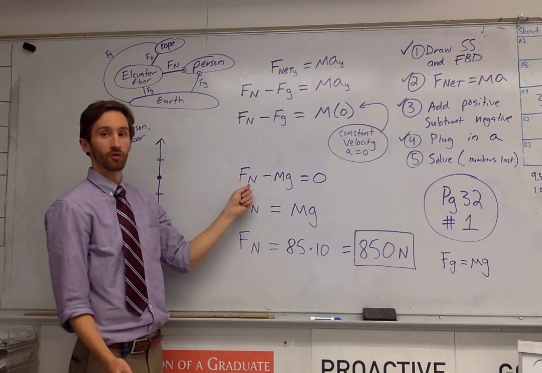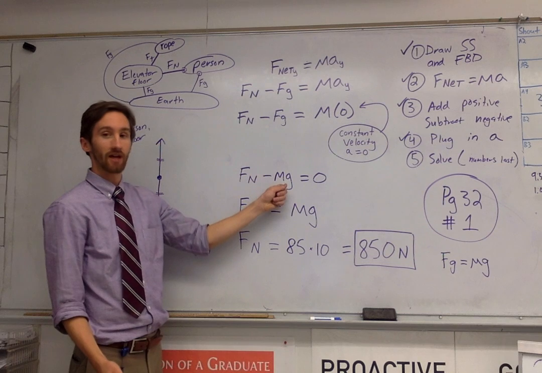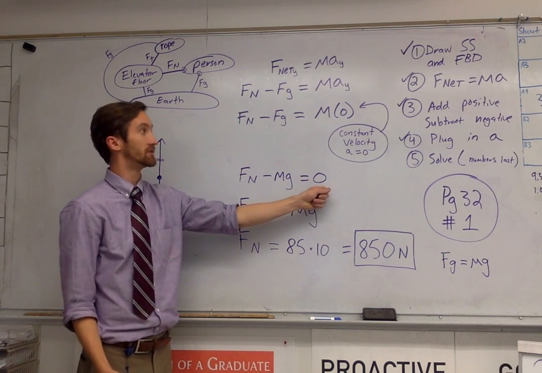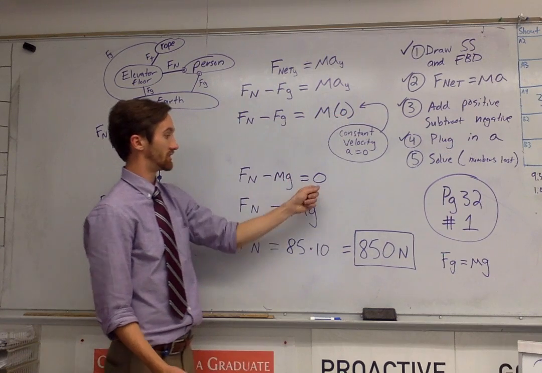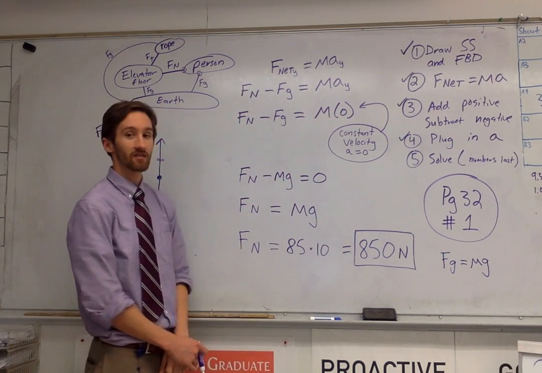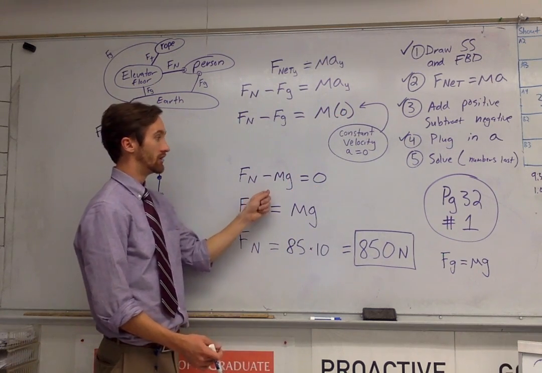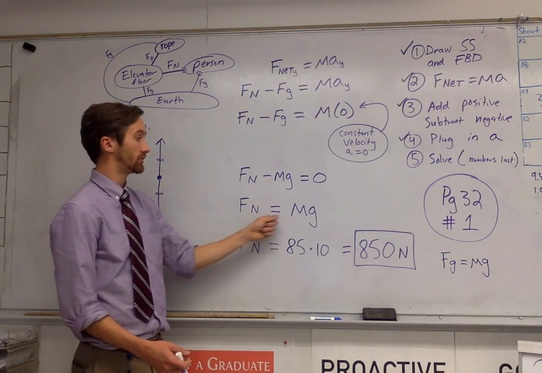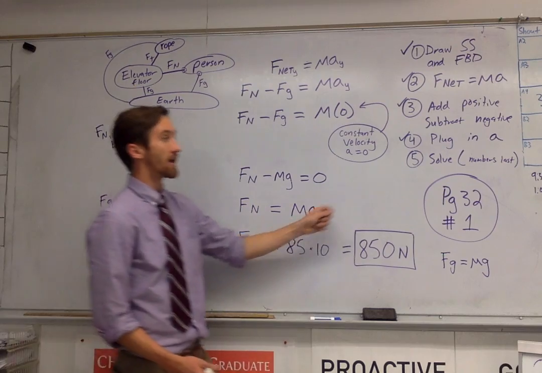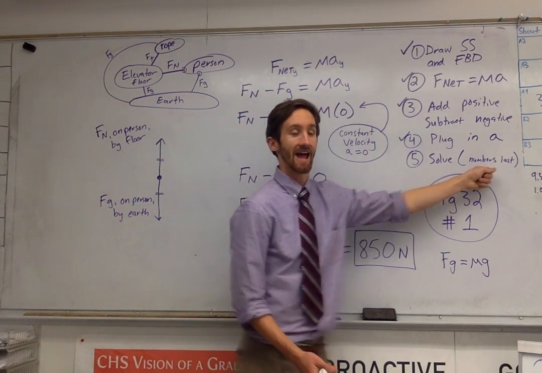Then we have normal force minus mg equals 0, because mass multiplied by 0 gives us 0. I can then add mg to the other side. I get normal force equals mg, and now I do my numbers last.